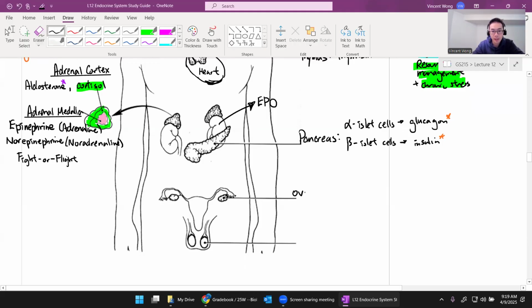Ovaries over here. Ovary, ovary, I guess, just pointing at one of them. And the ovary produces progesterone and estrogen. The progesterone from corpus luteum and the estrogens from developing follicle.